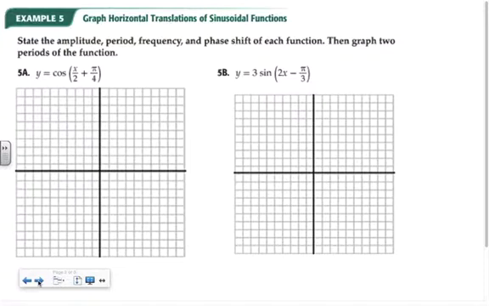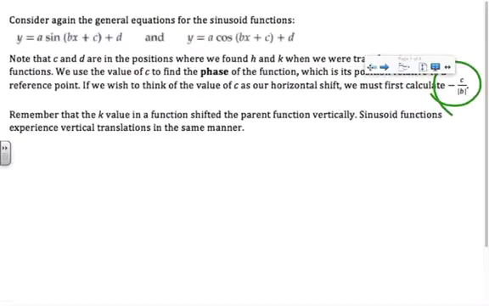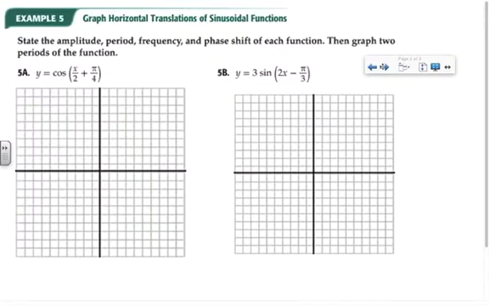So here, it's asking us to state the amplitude, period, frequency, and phase shift of the function. So the amplitude is designated by the value of a, remember.